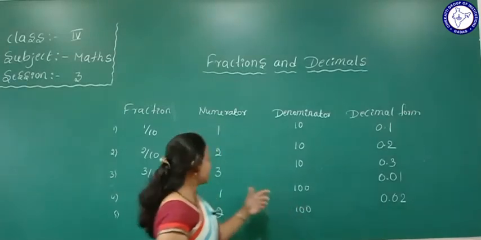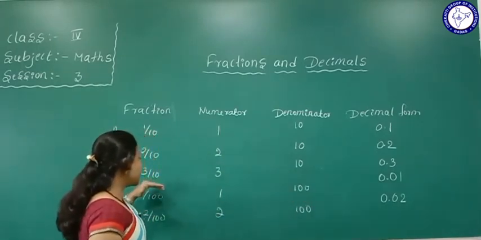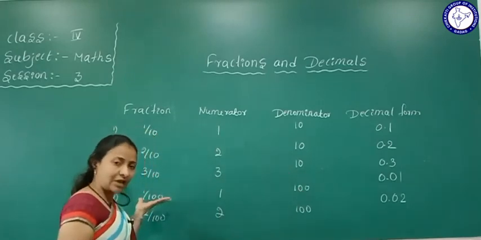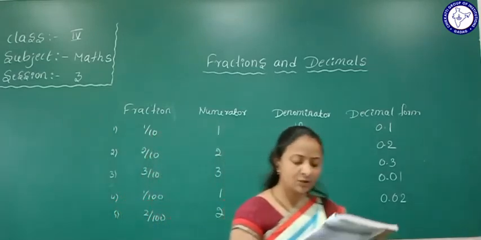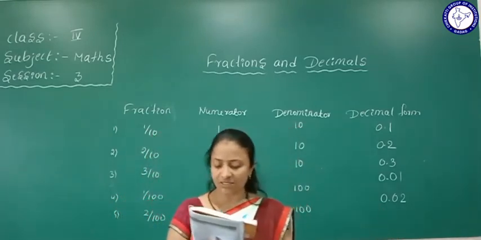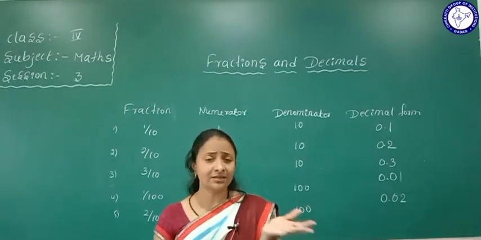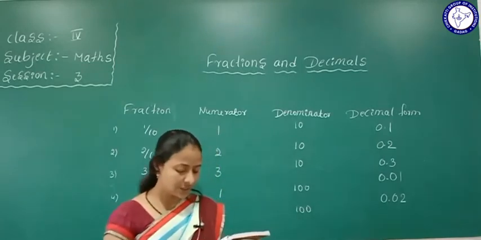So this fraction we will write in the form of decimal. A decimal number is another form of fraction. Okay. Yes. So next one, decimal means the denominator in a fraction is 10, 100, 1000, 10,000, and it goes on. Okay, the decimal numbers. Understood this one? Yes.